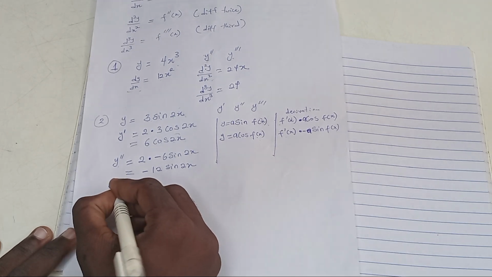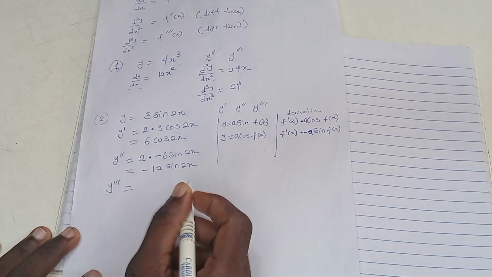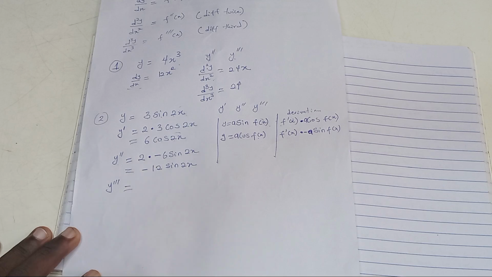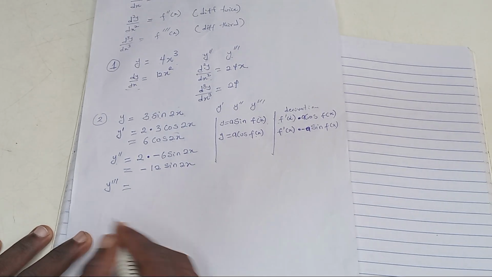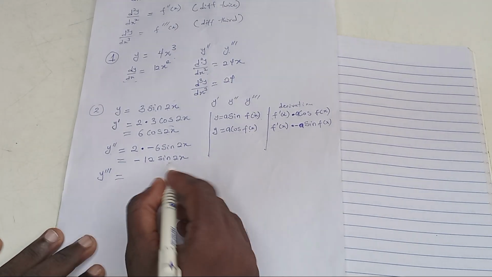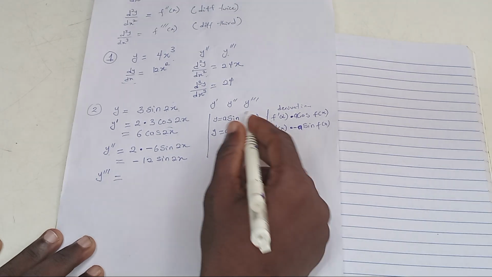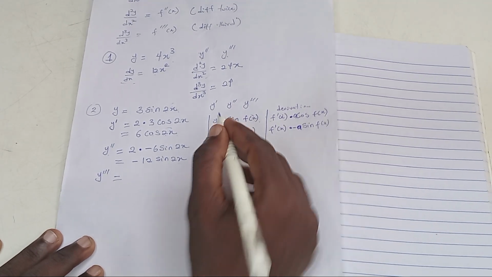So y triple prime means you differentiate y double prime again. Our a here is minus 12.